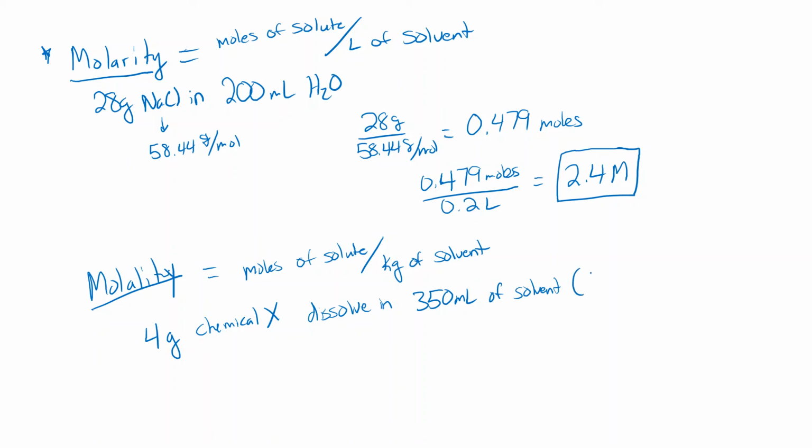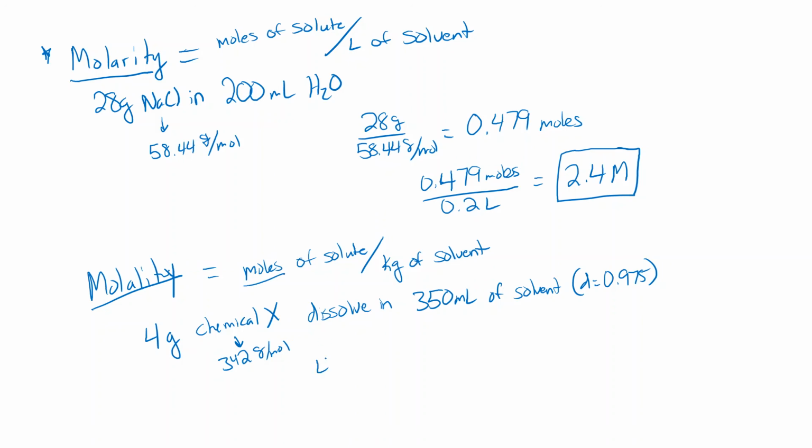And that solvent has a density of 0.975. I'm just kind of making up numbers. We'll need a molecular weight for our chemical X. I guess I'm going to make chemical X be 342 grams per mole. Again, these are all numbers I just kind of made up before I started, so not that big of a deal. So the first thing we need to do is convert to moles of solute.